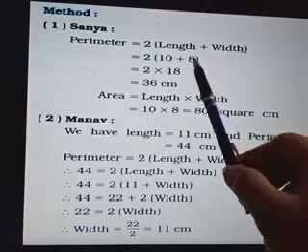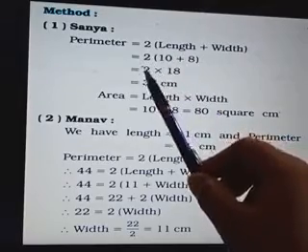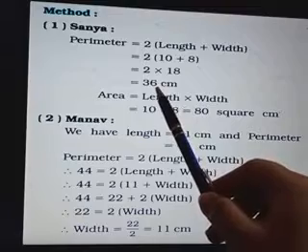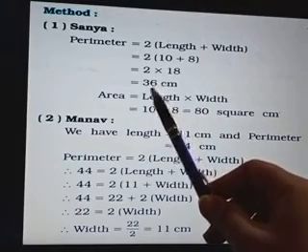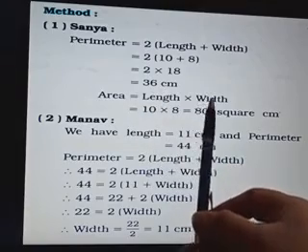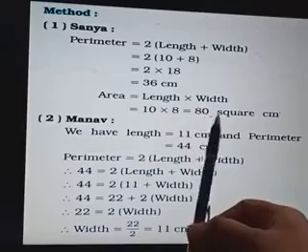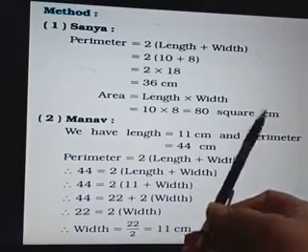So 10 plus 8 is 18, and when this bracket opens it will be multiplied. So 2 18s are 36, right? So we have got answer 36 in perimeter, and area is length multiplied by width. So 10 multiplied by 8 equal to 80 square centimeter.